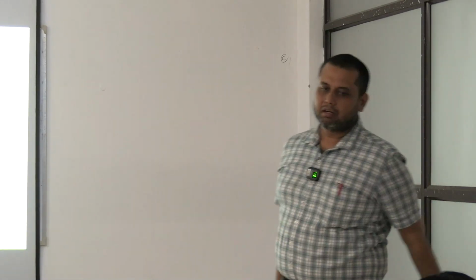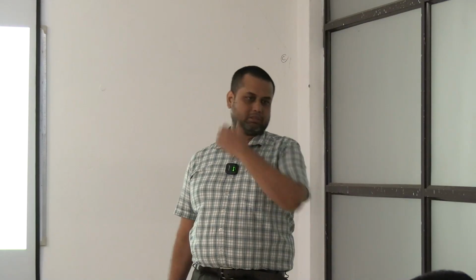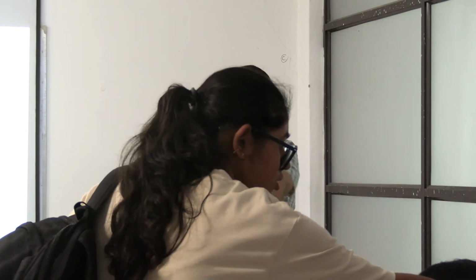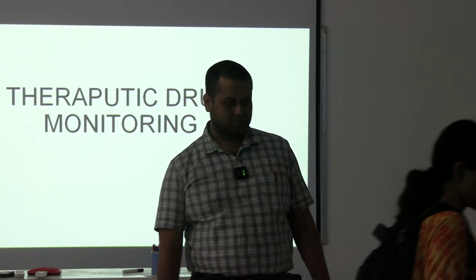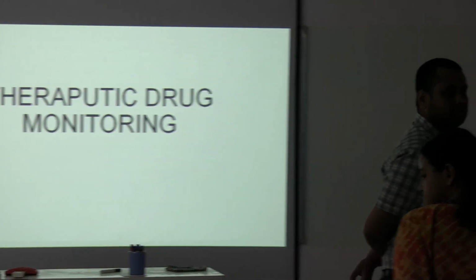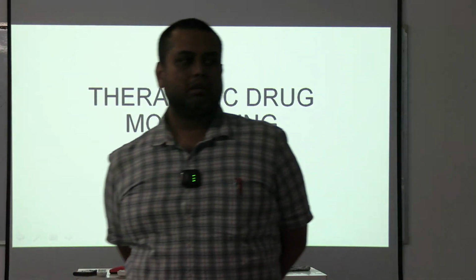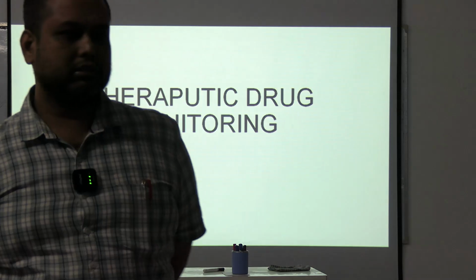Suppose the BP was 190 by 140. It comes down to say 120 by 80. So that is, you are measuring the outcome of some medications.